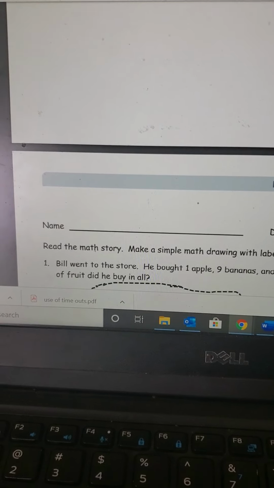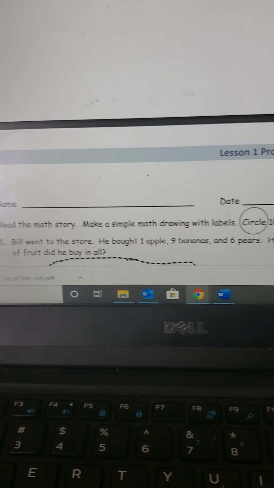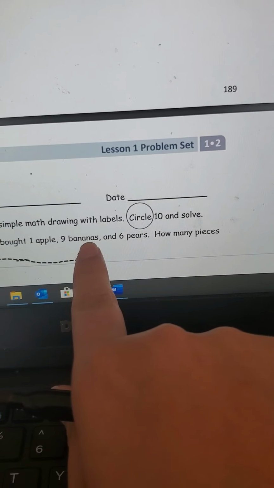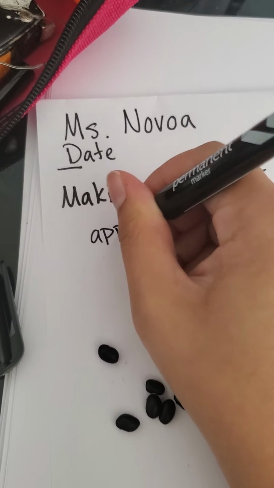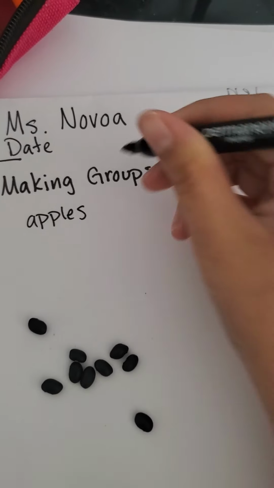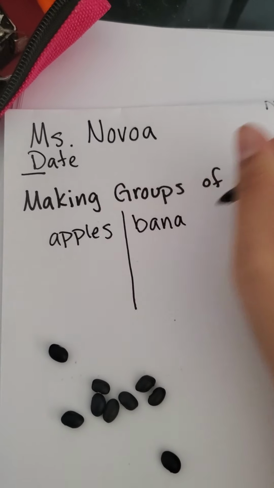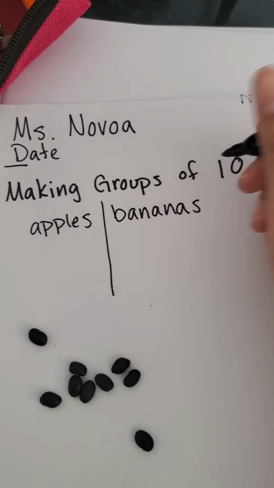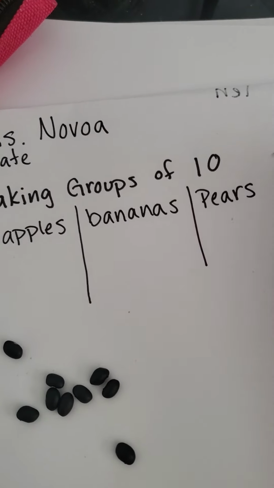So here, back to our paper. I know that Bill went to the store, right? And he brought fruit. What kind of fruit did he buy? Apple, bananas, and pears. So I know he got apples. I'll put a line right here. Bananas and pears.